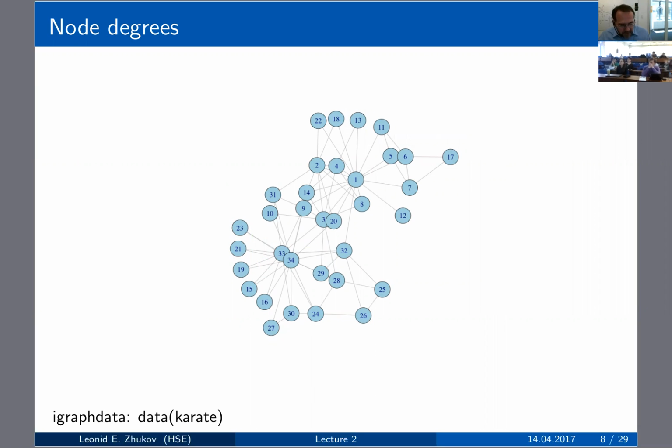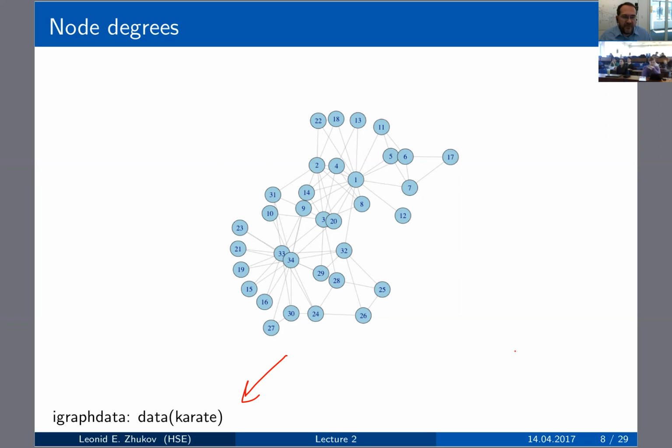This picture is a very famous graph that exists in an iGraph package. It's called the Karate dataset. To get it, you load the library iGraphData and just say data karate. It will give you the dataset, and then you can plot it. This is a network view of that dataset.